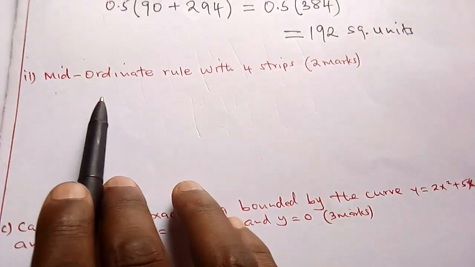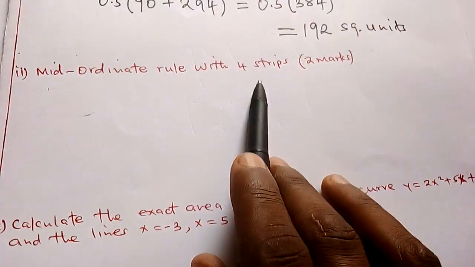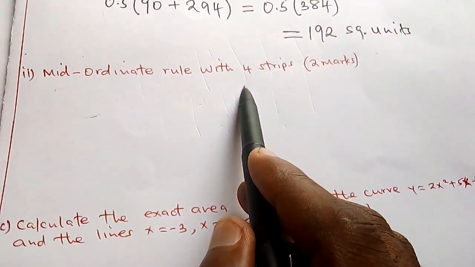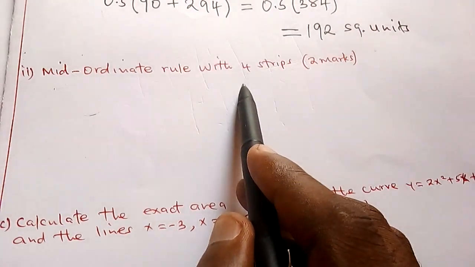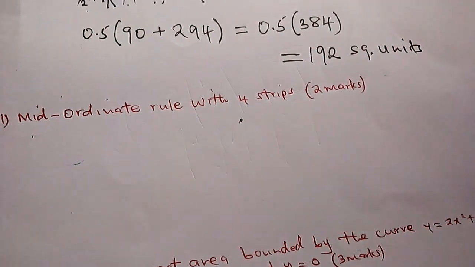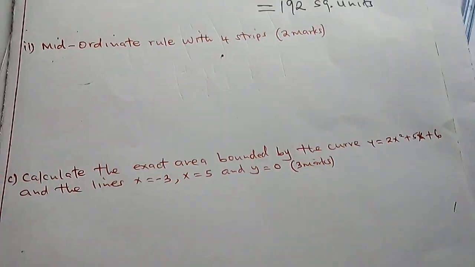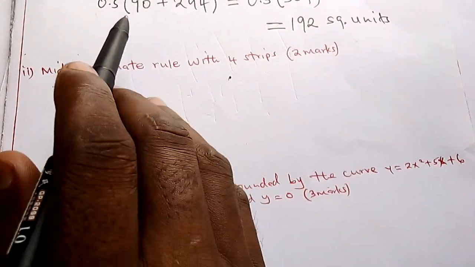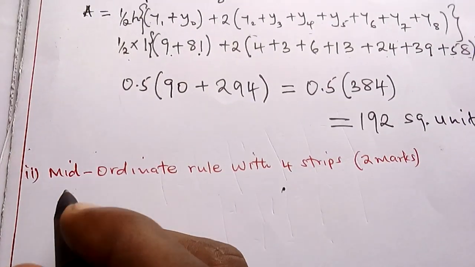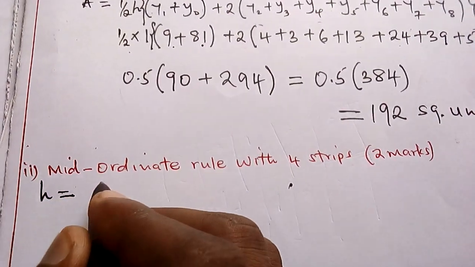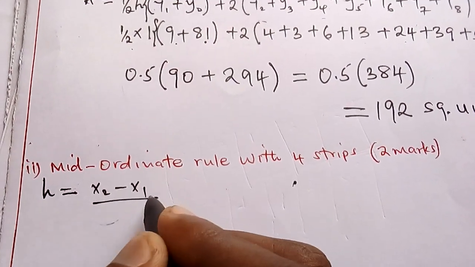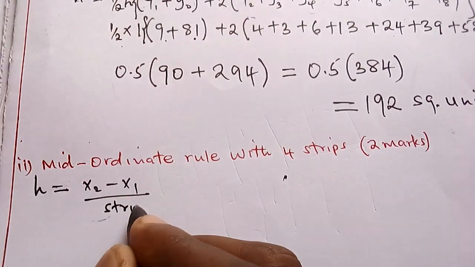Then mid-ordinate rule. Under mid-ordinate rule, you have been told to use 4 strips. So with 4 strips, you are going to start by getting the height. So height is also given by x2 minus x1 divided by number of strips.